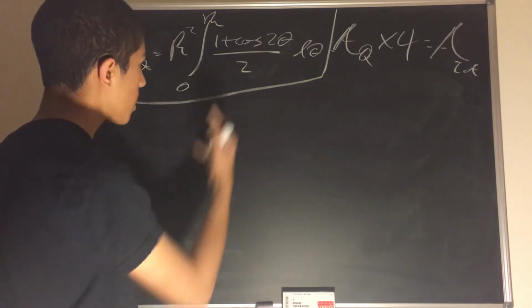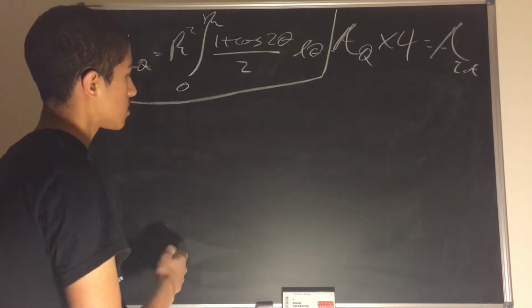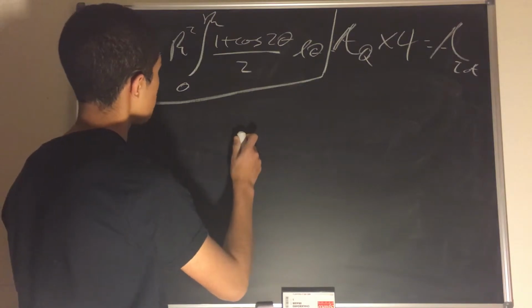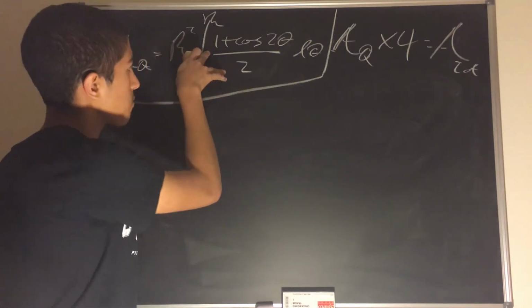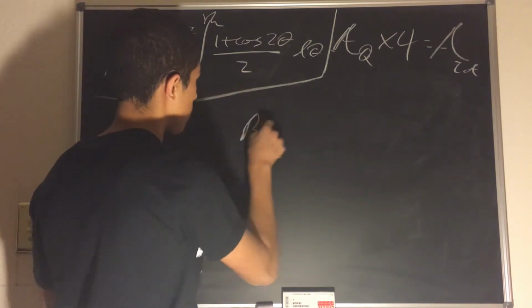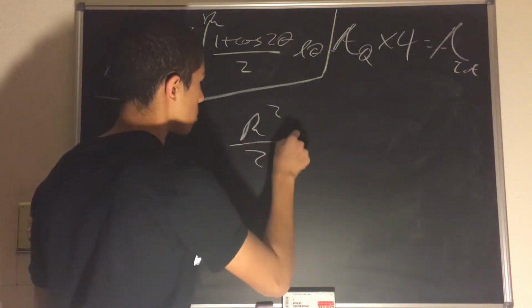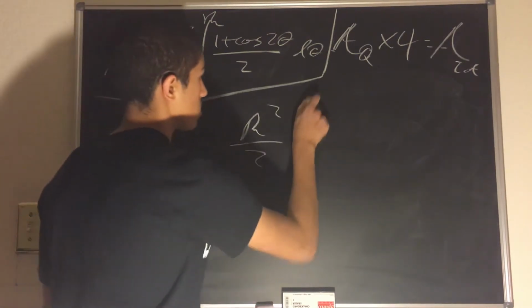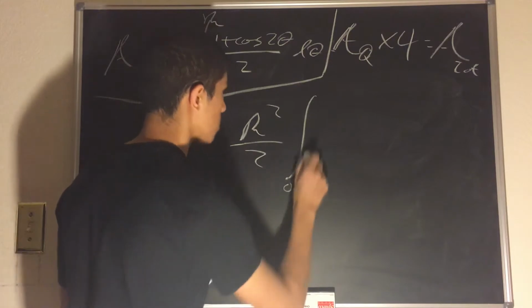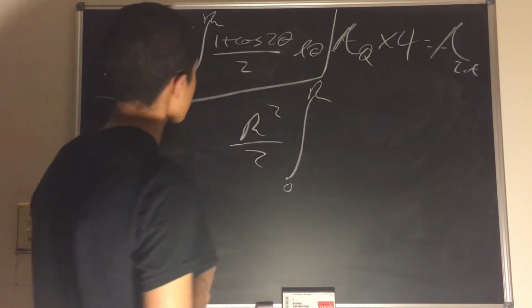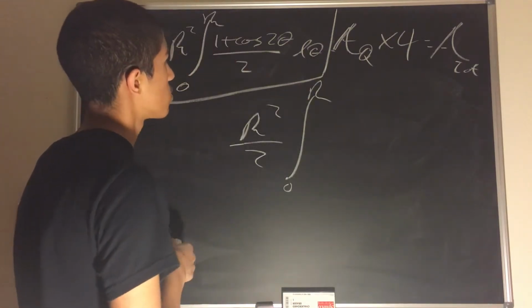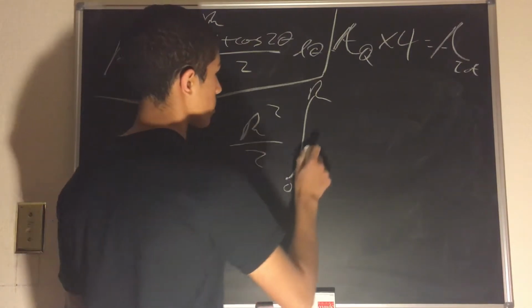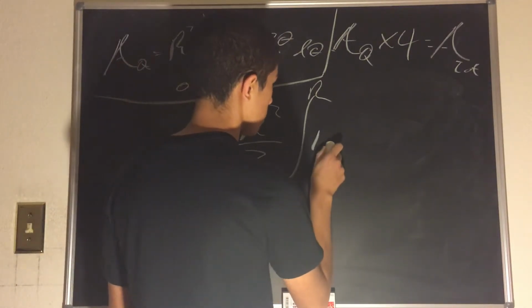And so then we can evaluate this integral easier, and what does that become? We can factor out this half over here, and we get r squared by 2 times integral 0 to r of 1 plus cos 2 theta. And, well, integral, we can split that up.